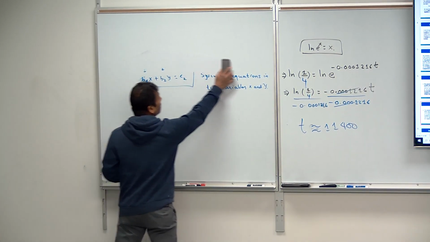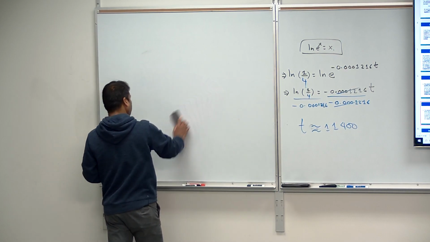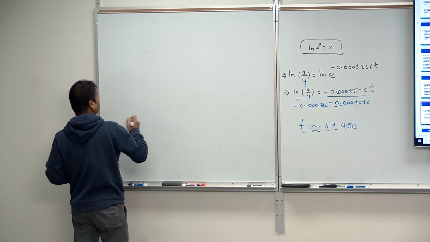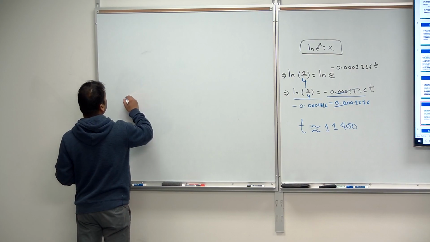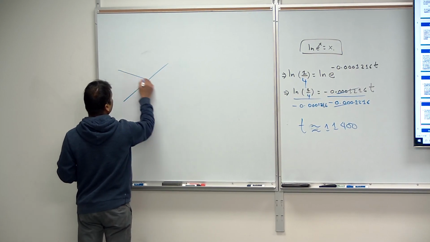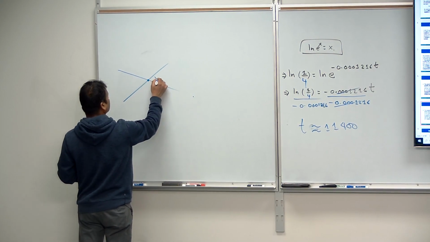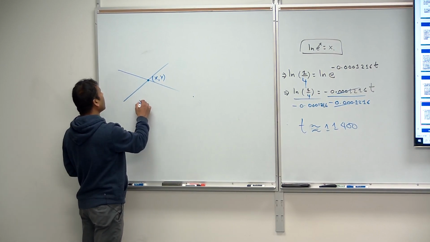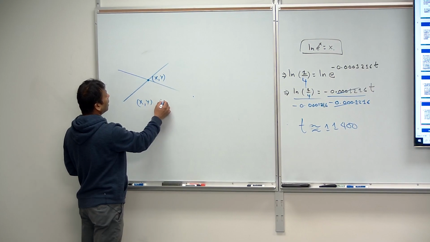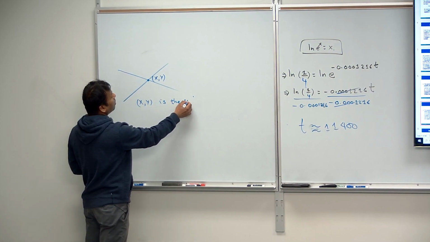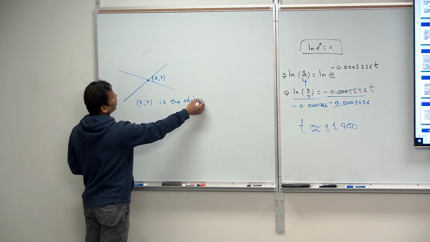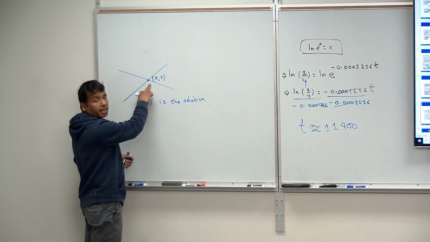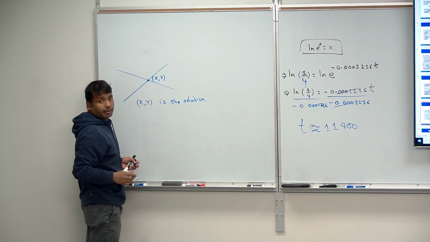You have a system of equations. The graphs can intersect like this at this point. So this x comma y is the solution, and this point satisfies both equations, right?